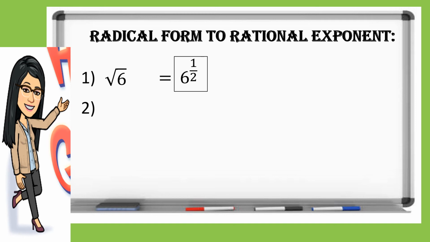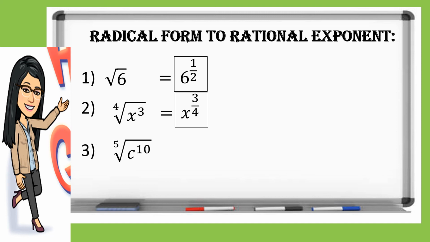Let us look at example number 2. The fourth root of x cubed. Now take note, the exponent of the radicand is 3 and the index is 4. So it can be written as x raised to 3/4. Is it clear? Let us have another one.